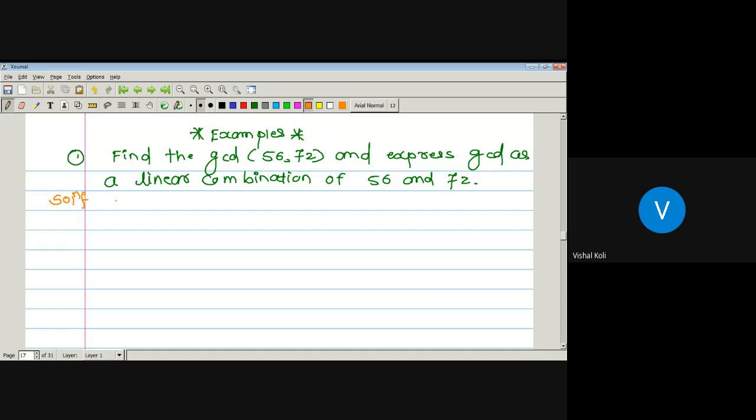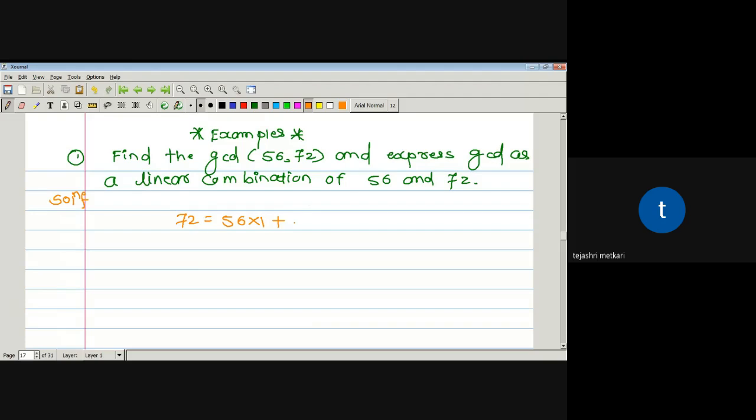By division algorithm or Euclid's algorithm? Yes, Euclid's algorithm. 72 can be written as 56 into 1 plus, what should be the remainder whenever we divide 72 by 56?